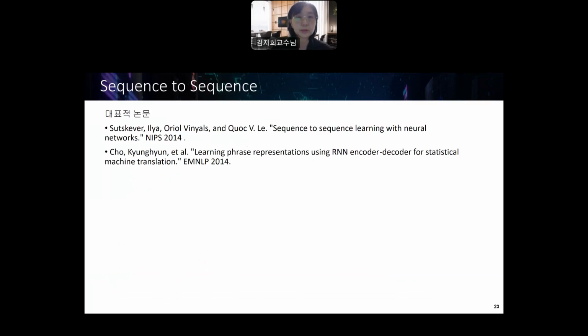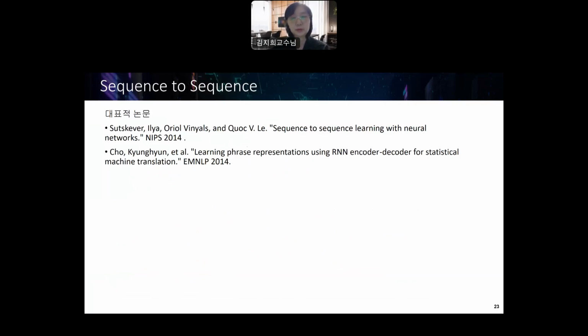About the sequence, you will use the RNN base, and these two are basically the representative papers. Ilya Sutskever and Cho published these papers in 2014.